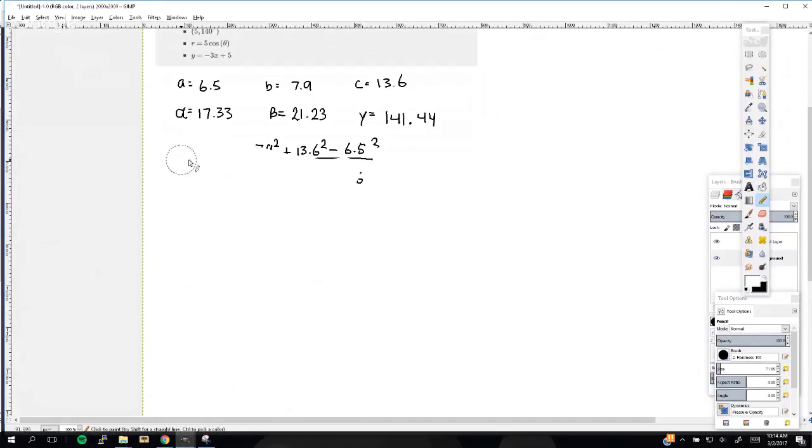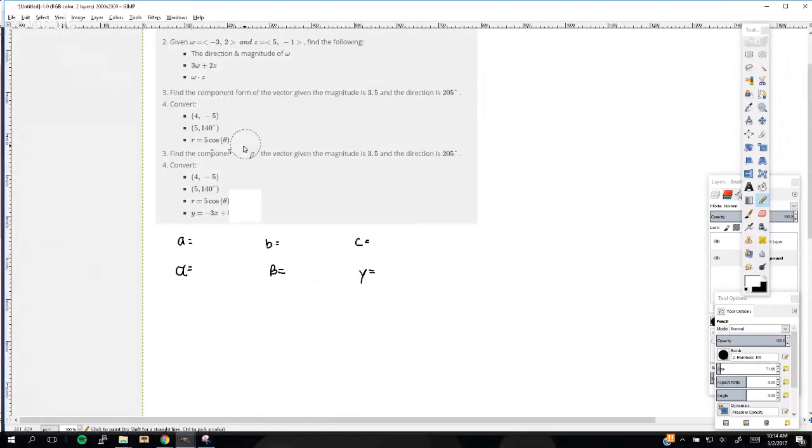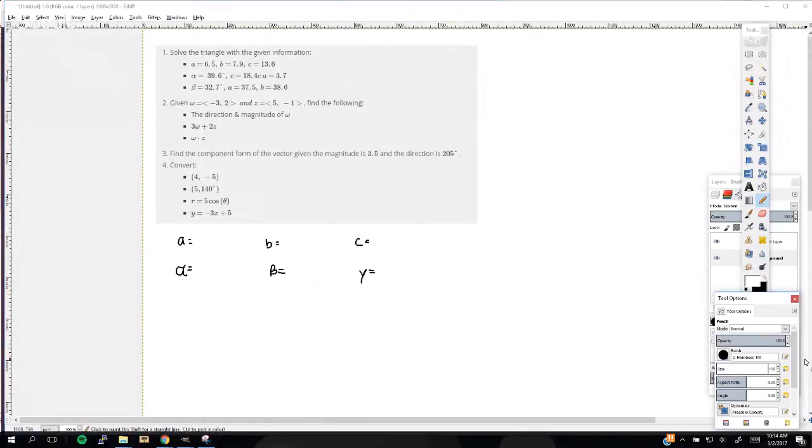We'll do the next one. So this one we have to figure out first if there's more than one triangle. So if alpha is 30, 39.6. C is 18.4. And then A is 3.7.